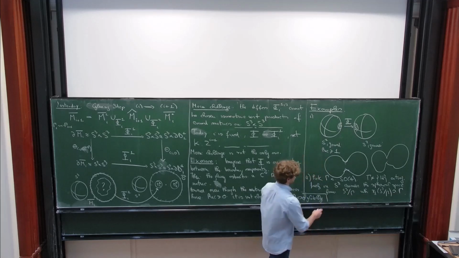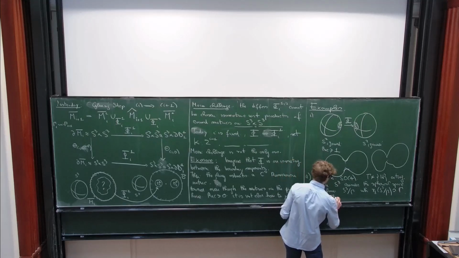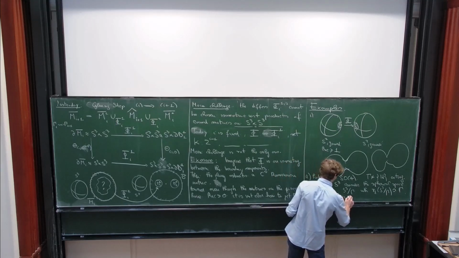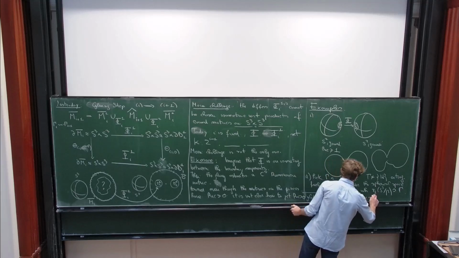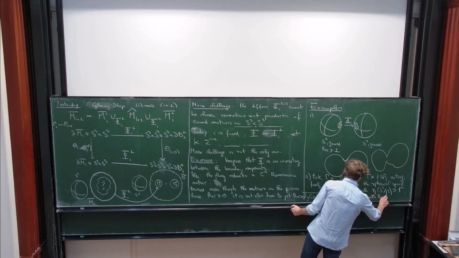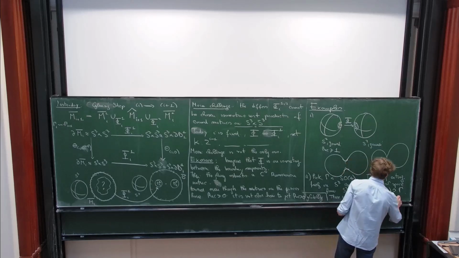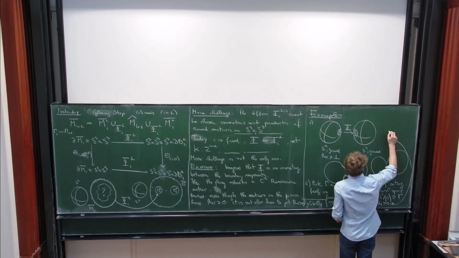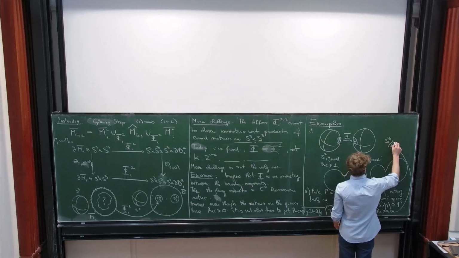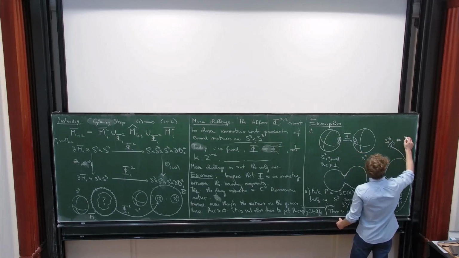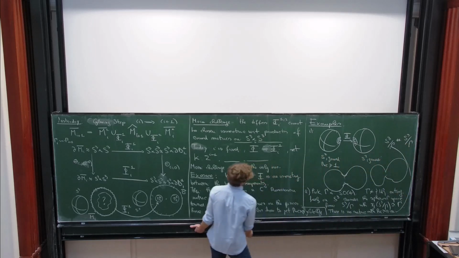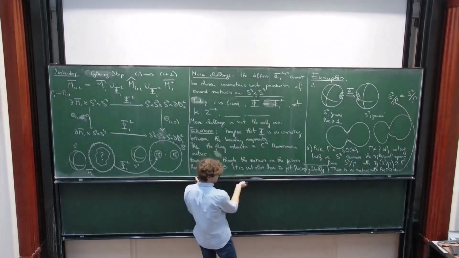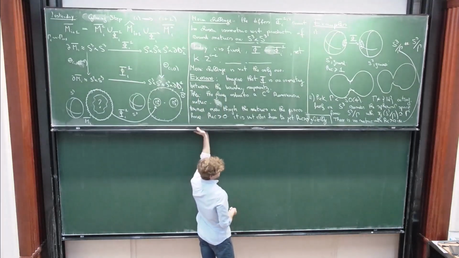However, the claim is that there is no metric with Ricci bigger than 0 on the connected sum of two copies of this guy. And this I'll give you as an exercise to check. So there might be more structure, more global obstructions.